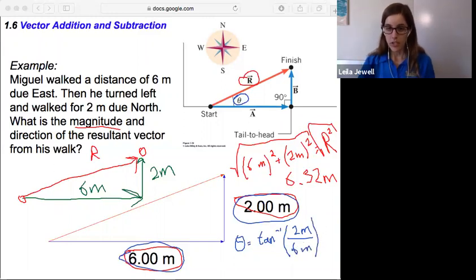And so inverse tangent of 1/3, 2 divided by 6. That looks like 18.4 degrees.